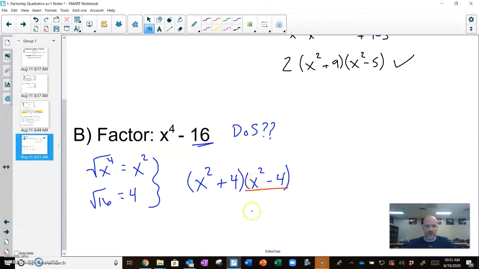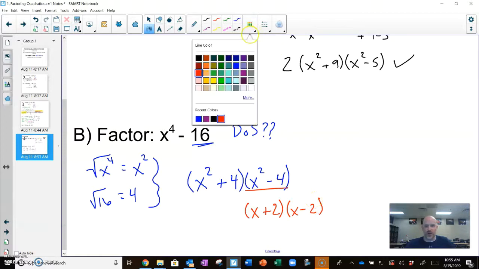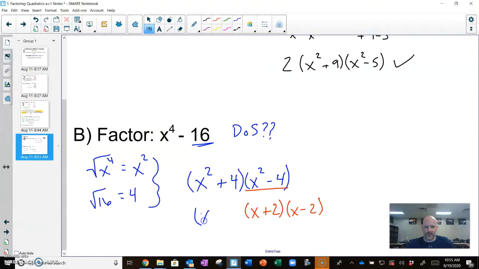So what's the square root of x squared? X. What's the square root of 4? 2. So that will continue to factor into x plus 2 times x minus 2, but we still have the x squared plus 4.